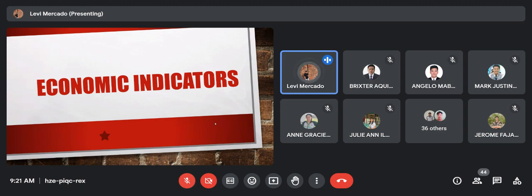Last time, diniscuss natin yung price factors affecting price of oil and gas. Ngayon naman, sa investor side, ano naman yung mga economic indicators which would tell us if our investment is good or hindi.